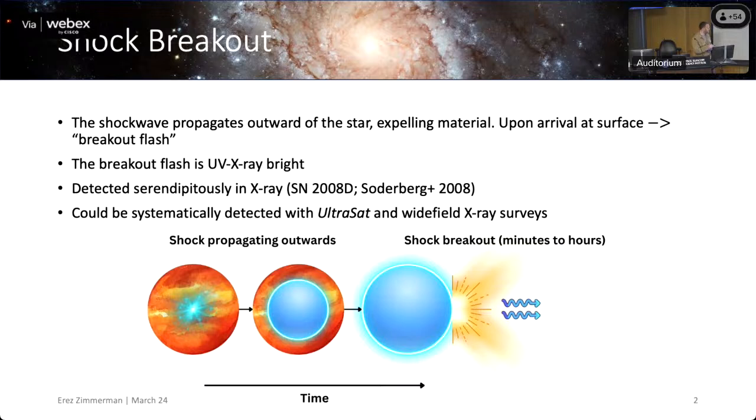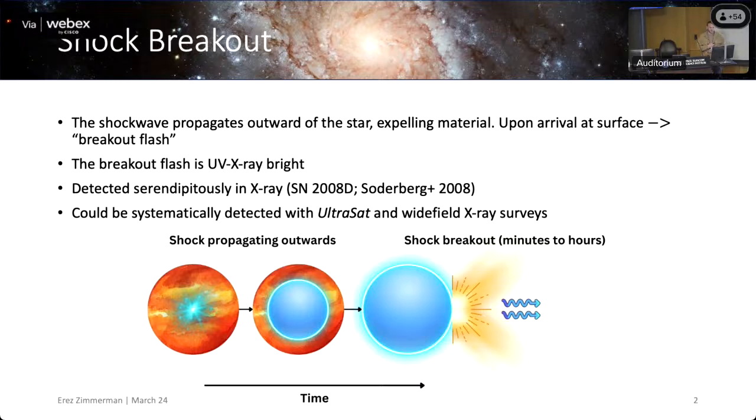The first thing is the shock breakout. So we have the core collapse creating a shock wave through the star. As the shock wave goes to the surface of the star, you start seeing the first photons come out of the exploding star. So the breakout flash is UV and X-ray bright, and this was actually detected serendipitously in the past.